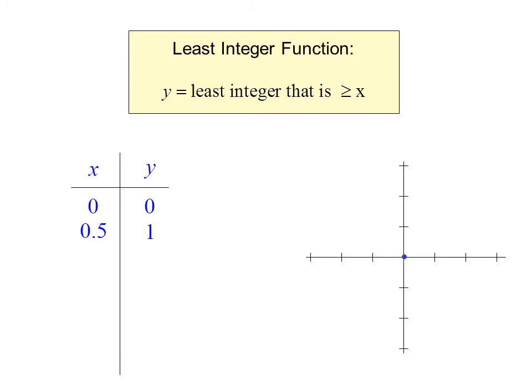It has to be 1. If x is 0.75, the least integer is still 1. If x is 1, the least integer is still 1.